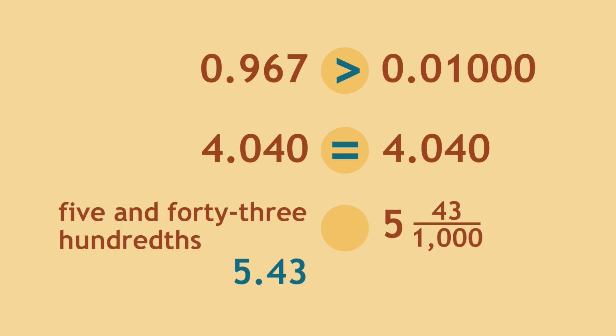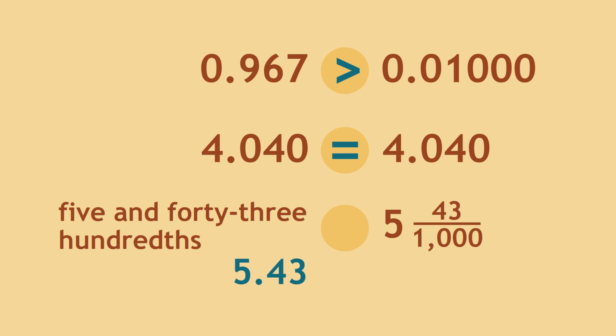Okay, so now let's take a look at this last one. With word form, you can always turn it back into decimal form with numbers if that helps you to answer or to compare a little easier. So in this case, we're going to turn 5 and 43 hundredths into our decimal here, and then we're comparing it with 5 and 43 thousandths.